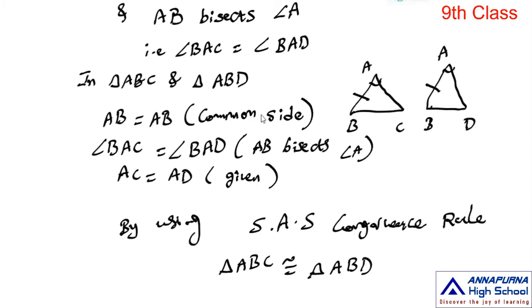Next, angle BAC is equal to angle BAD, since AB bisects angle A, and AC is equal to AD, these two sides are equal, given condition. So, by using side angle side congruence rule, these two triangles are congruent.